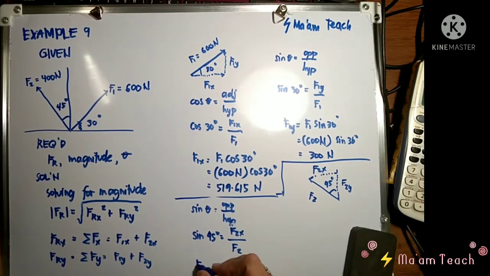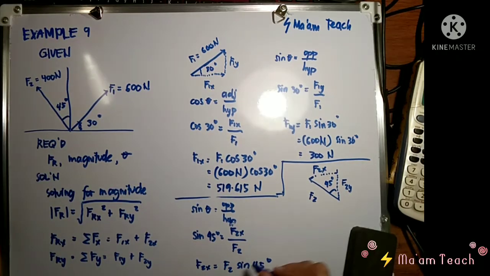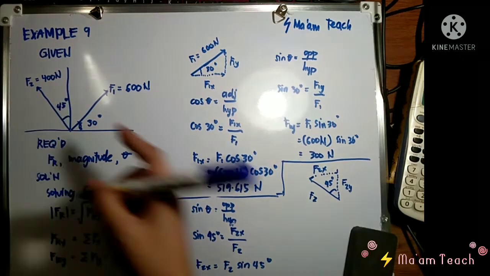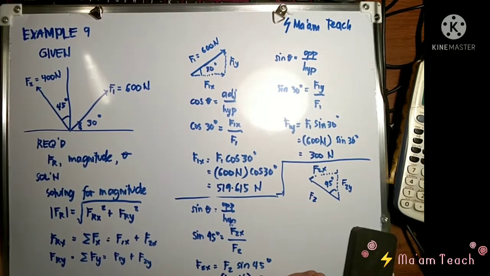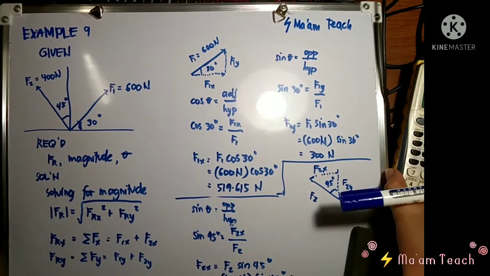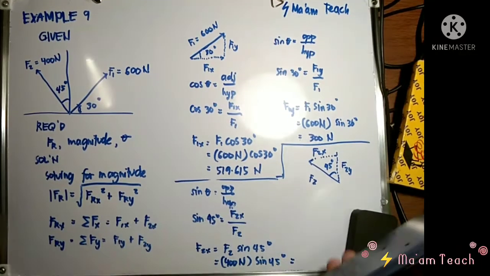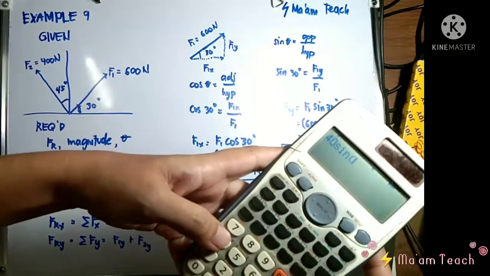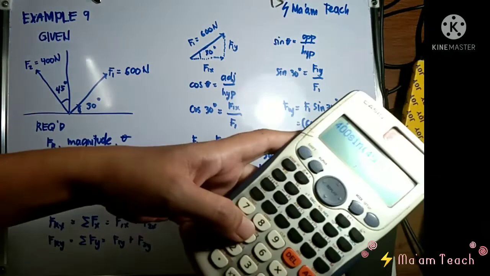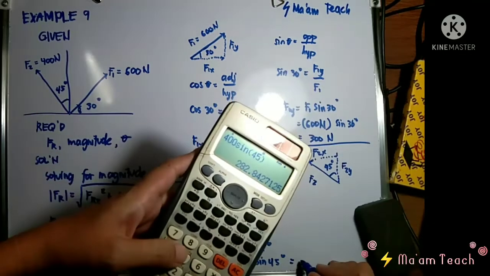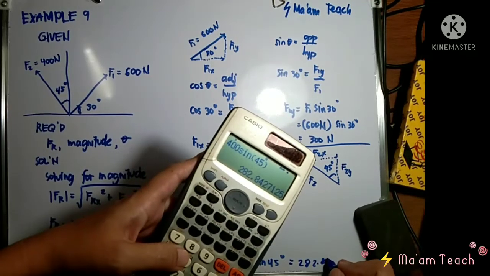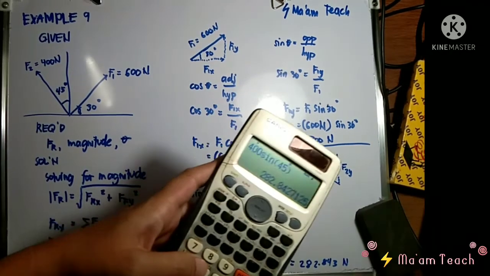So your F2x is F2 sine 45 degrees, where F sub 2 here is 400 Newton times sine 45 degrees. Therefore F2x is 400 sine 45, we have 282.843. The unit is in Newton.